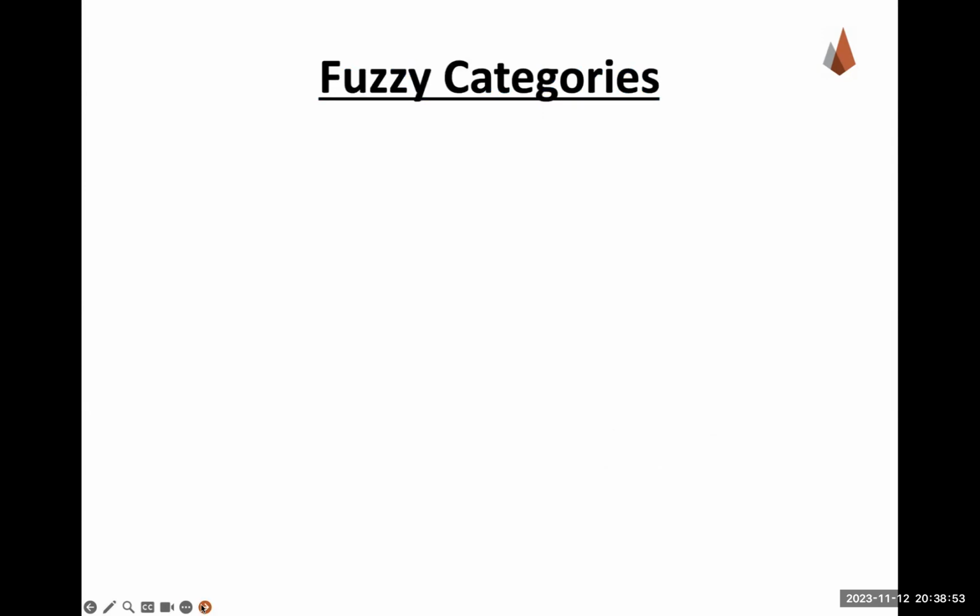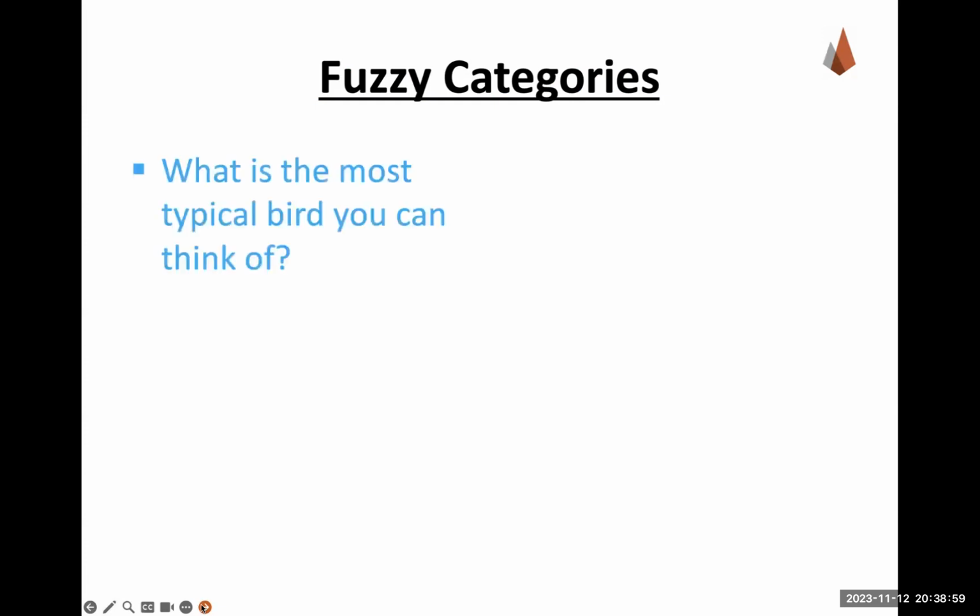Let's think of some other objects and what might be prototypical to you. What is the most typical bird you can think of? Most people are likely to say robins or sparrows.